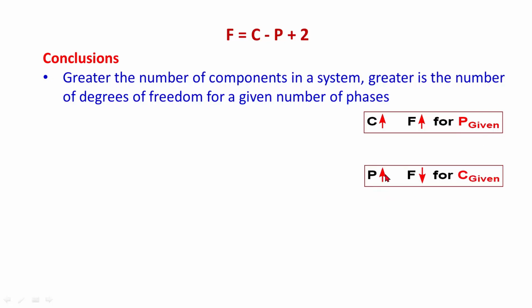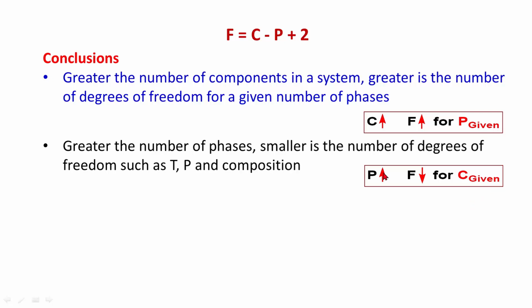If we consider higher the number of phases, degree of freedom will be less for given number of components. Greater the number of phases, smaller is the degrees of freedom such as temperature, pressure and composition.